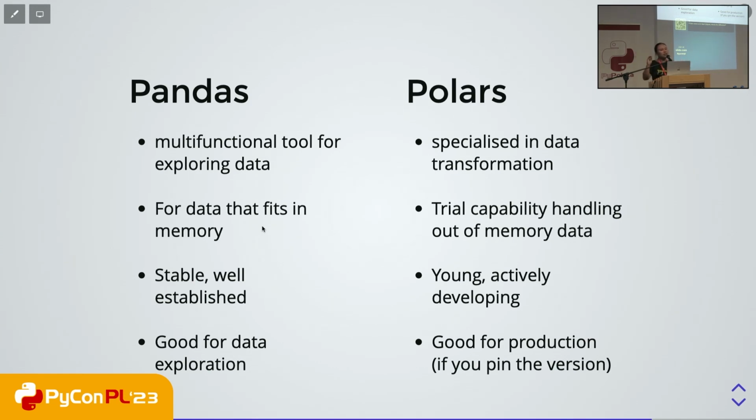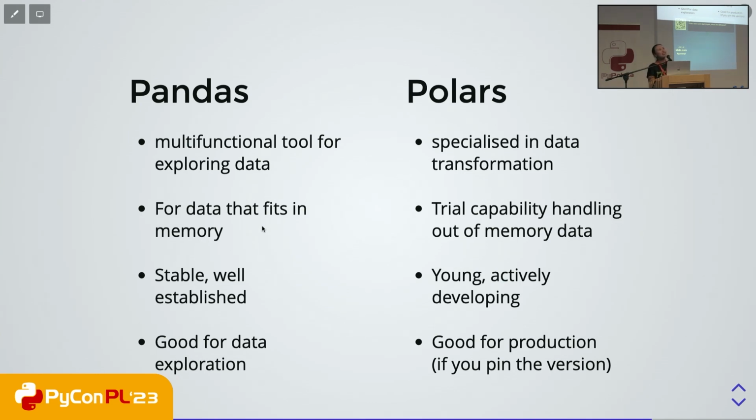Polars is specialized, I think, from what I see so far, for data transformation. It's super fast, and it provides very good methods for doing that. With Pandas, the main trouble is that if you have something that's out of memory, you can't use Pandas. Maybe you have to look into something like Dask. Usually if your data doesn't fit in memory, don't use Pandas.